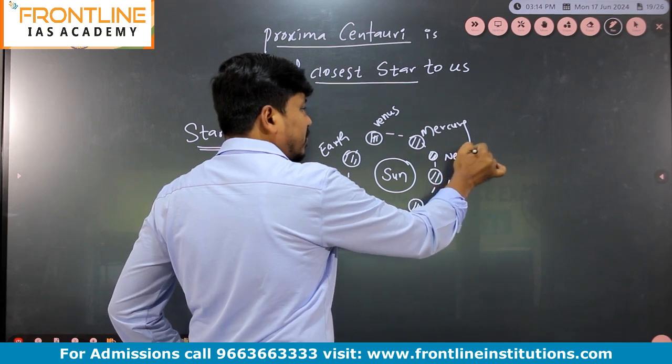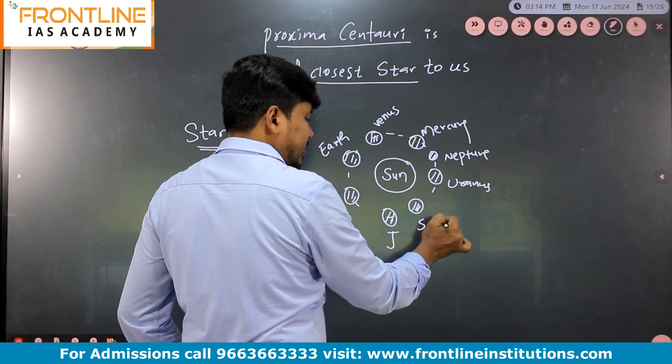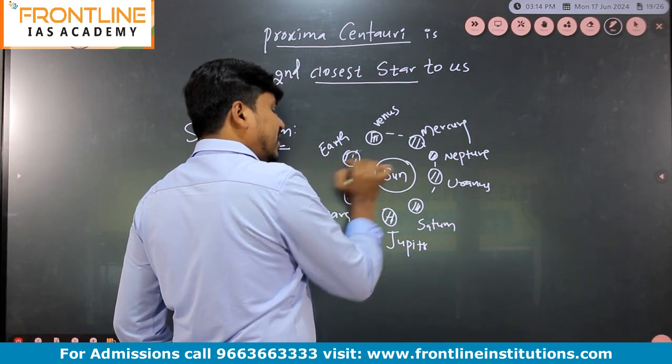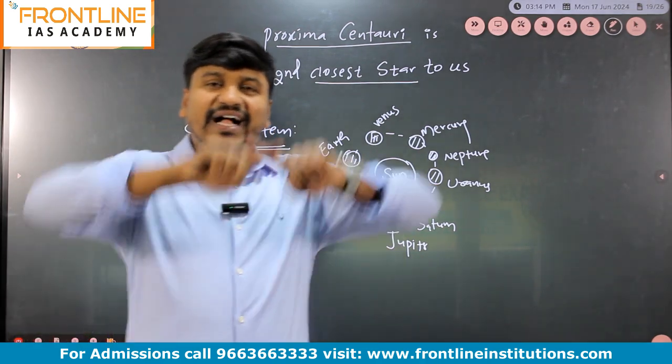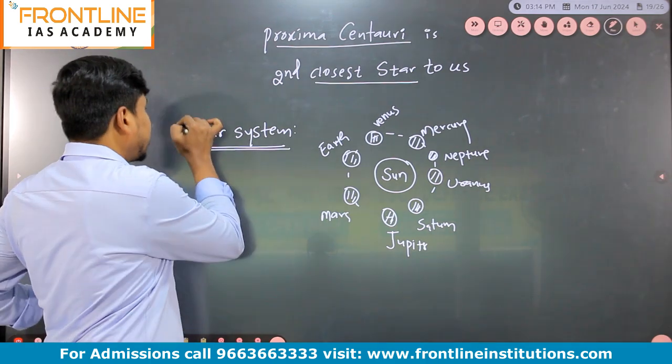These are the planets. So the sun, the star at the center, along with planets, asteroids and comets, all together we call a star system.